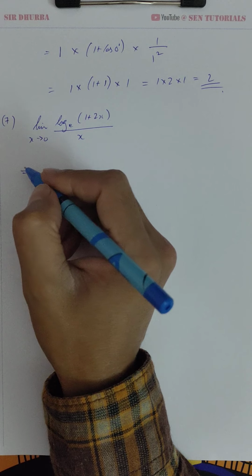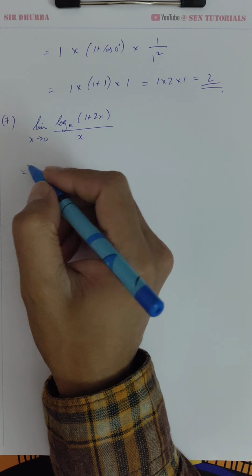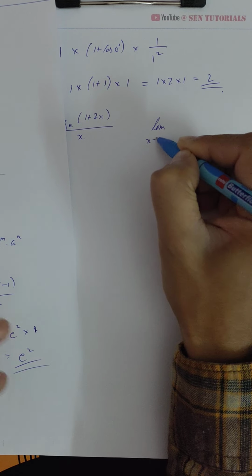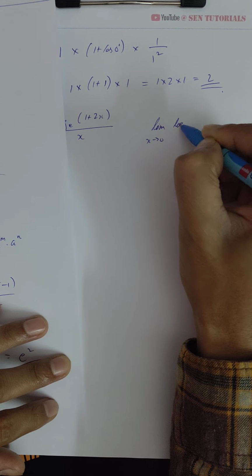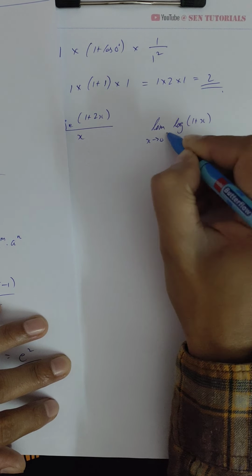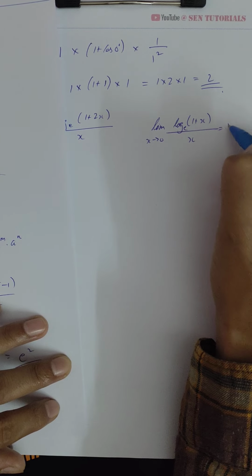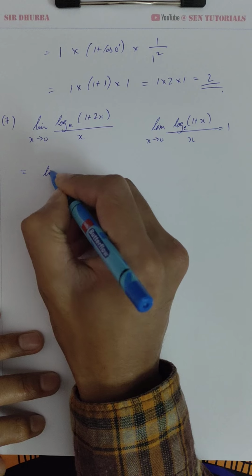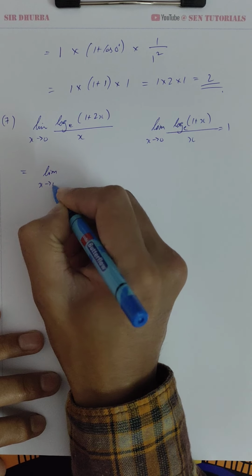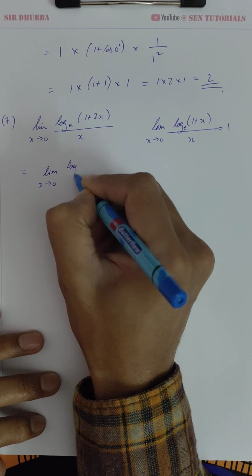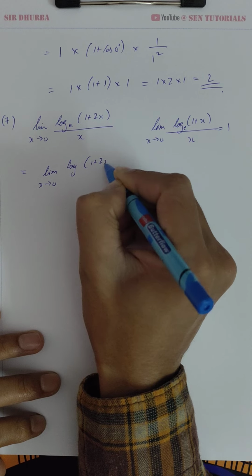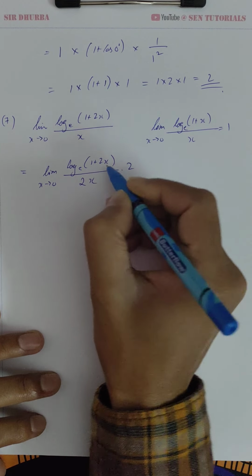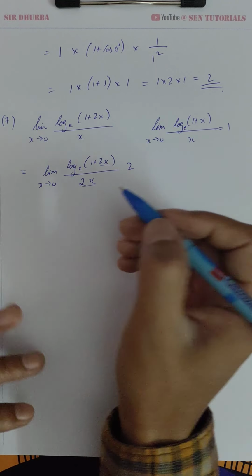Okay, so this is the basic formula. What was the formula? That is limit as x tends to 0 of log of 1 plus x divided by x, to the base e, is 1. So almost the same, just 2x is there, no problem. That is limit as x tends to 0 of log of 1 plus 2x, to the base e, by x. I'll multiply and divide by 2, so the form becomes the same.